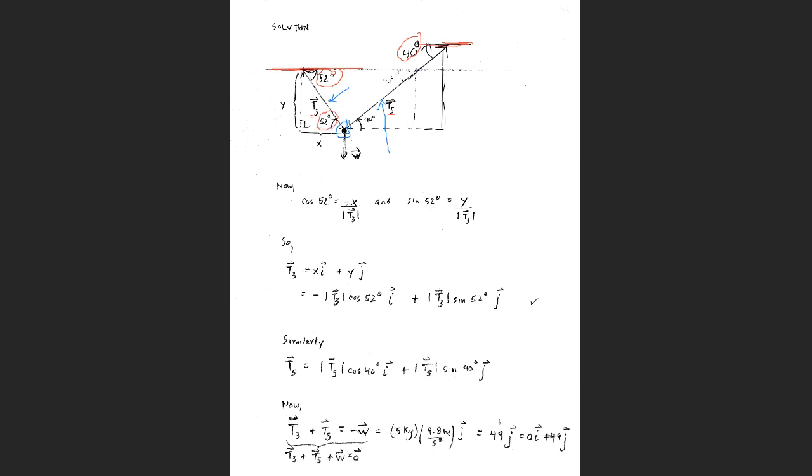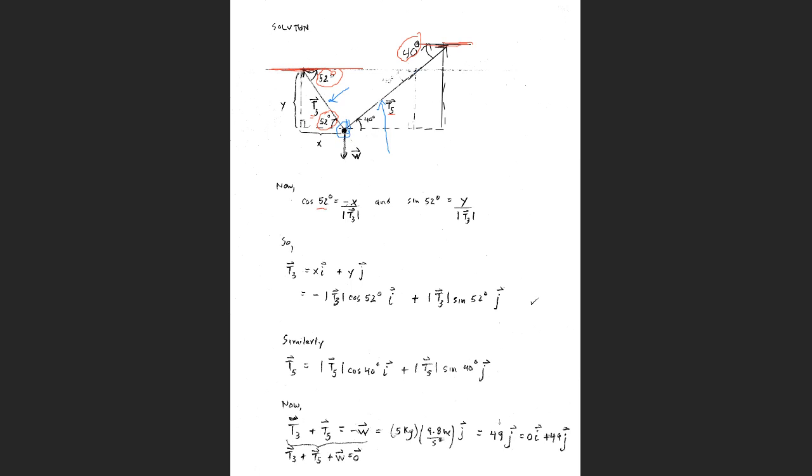So by right triangle trigonometry, the cosine of 52 degrees has to equal the adjacent over the hypotenuse.